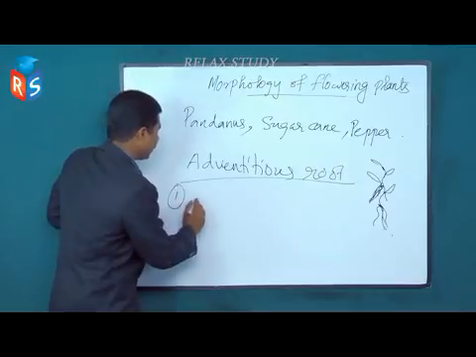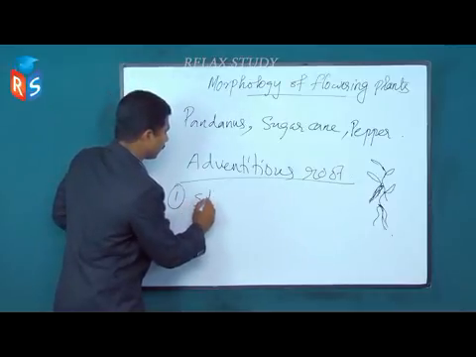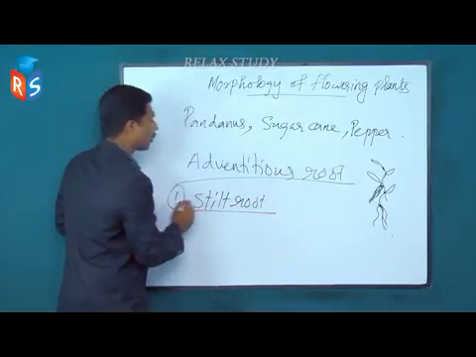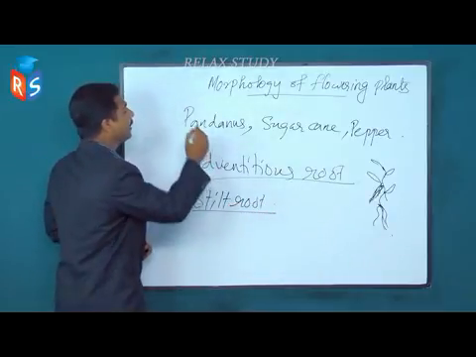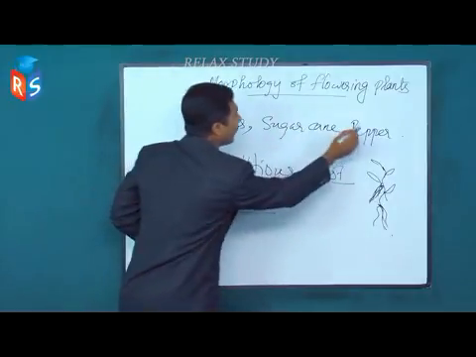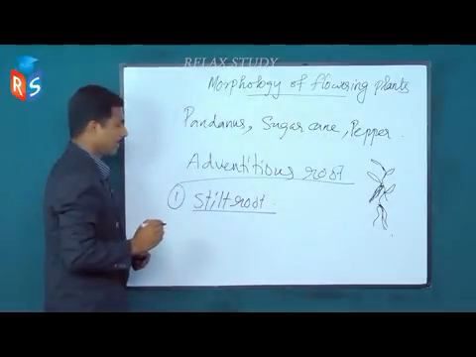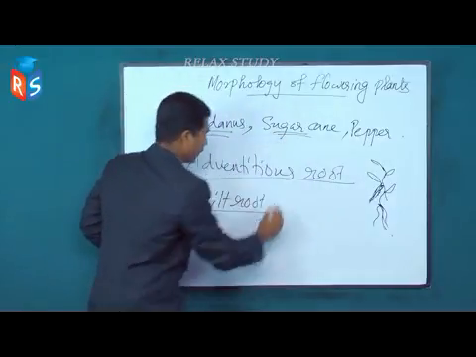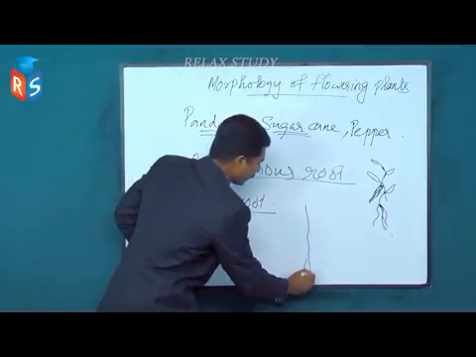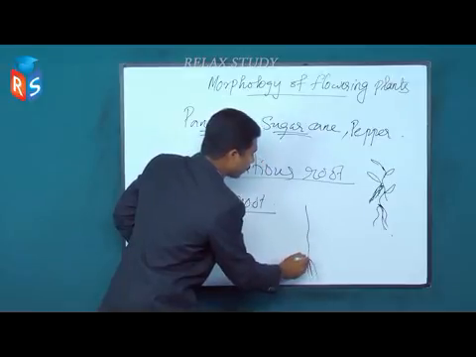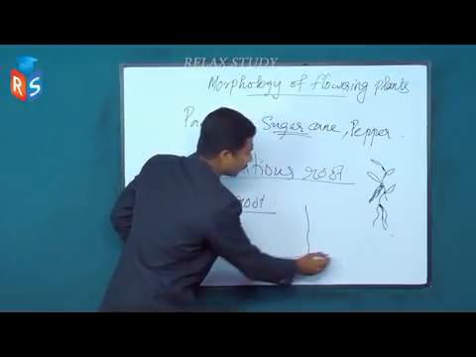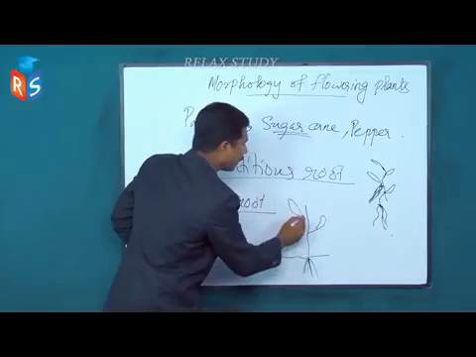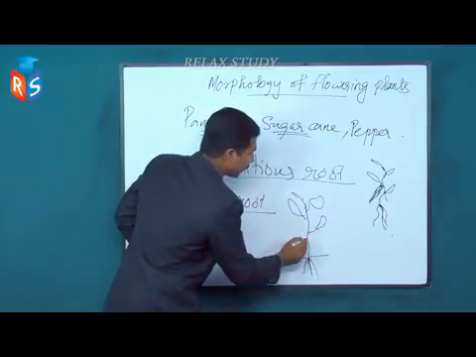One is stilt root. Stilt root you can see in the plants pandanus, sugarcane, pepper, etc. Suppose here in pandanus and sugarcane, this is the main plant body and this is the surface layer of the soil, and the leaves are here.